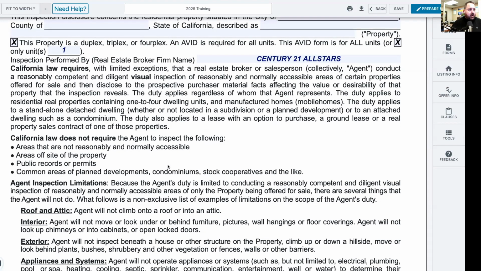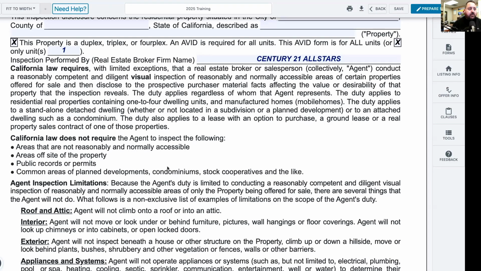California law requires, with limited exceptions, that a real estate broker or salesperson, collectively the agent, conduct a reasonably competent and diligent visual inspection of reasonably and normally accessible areas of certain properties offered for sale, and then disclose to the prospective purchaser material facts affecting the value or desirability of that property that the inspection reveals.